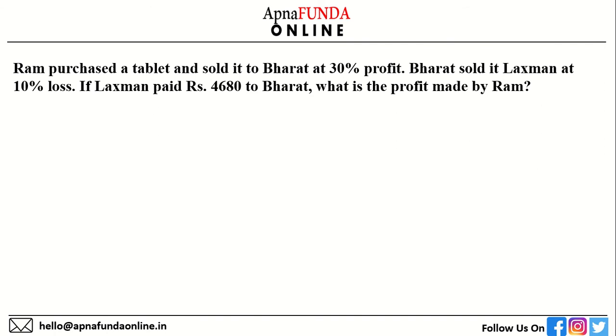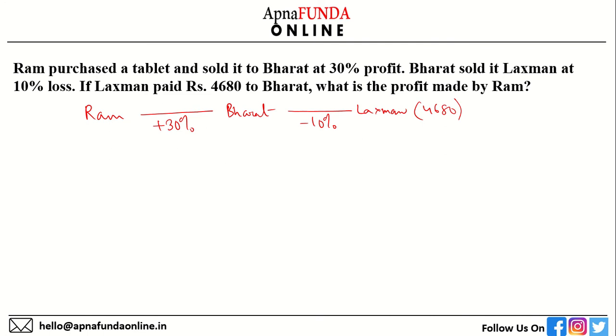What we know is Ram purchased a tablet and sold it to Bharat at 30% profit. Bharat sold it to Lakshman at 10% loss. Lakshman paid 4,680 ultimately to Bharat. What is the profit made by Ram?